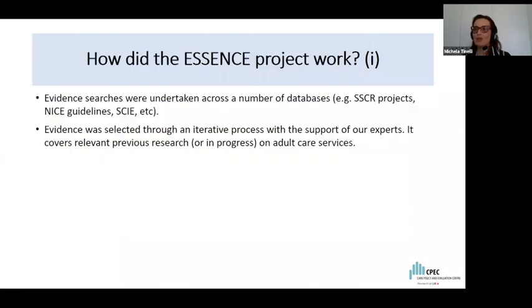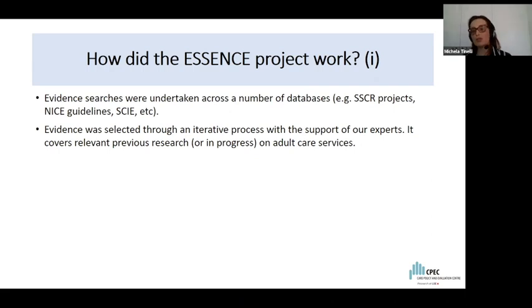First of all, how did the Essence project work? As I mentioned, we did a lot of searches around different materials. We looked at the different documents and materials that I mentioned via NIHR guidelines and so on. We looked also at the School for Social Care Research project.